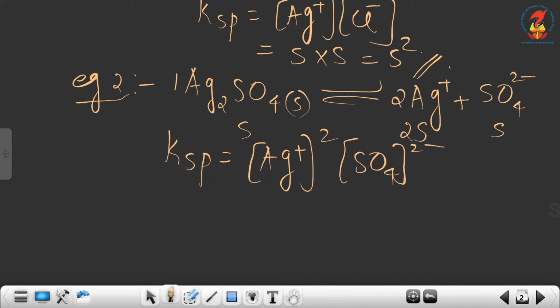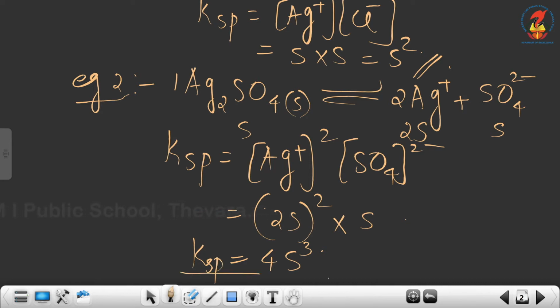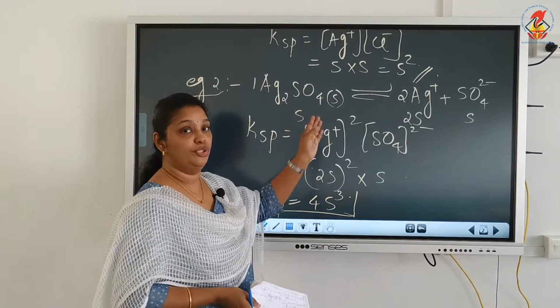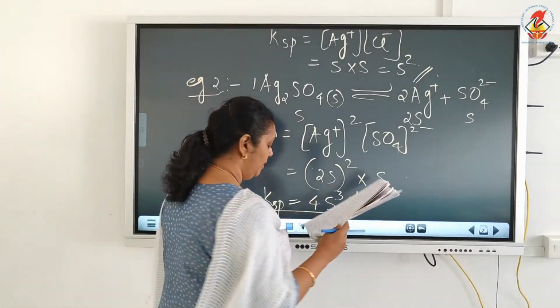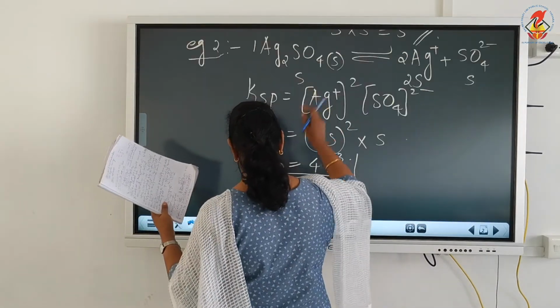Now Ag plus is 2S, so let's substitute: this is equal to 2S raised to 2 into S, or we have 4S cube. So the relation between KSP and solubility S is KSP is equal to 4S cube for Ag2SO4. Now we have one more example, example 3.